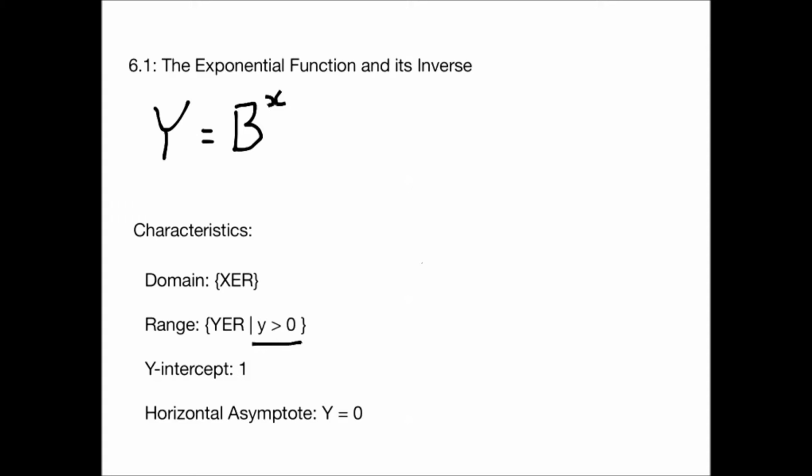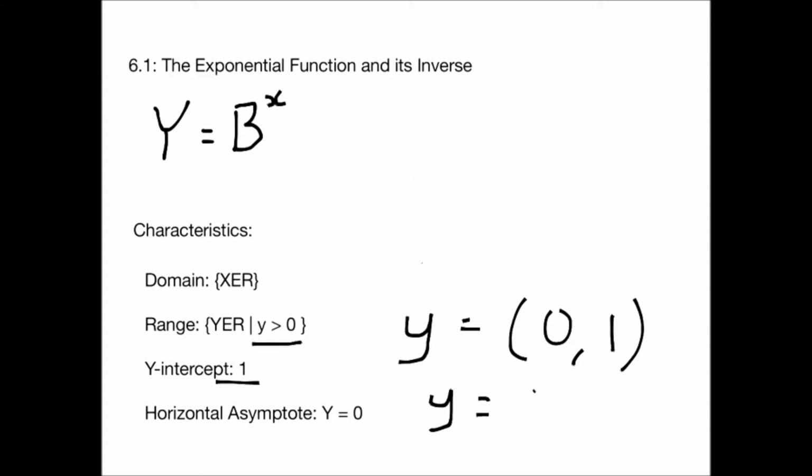For now, the y-intercept is 1, which is also known as (0, 1), and the horizontal asymptote is y equals 0.